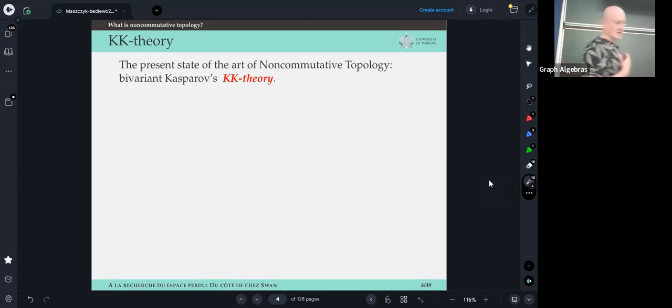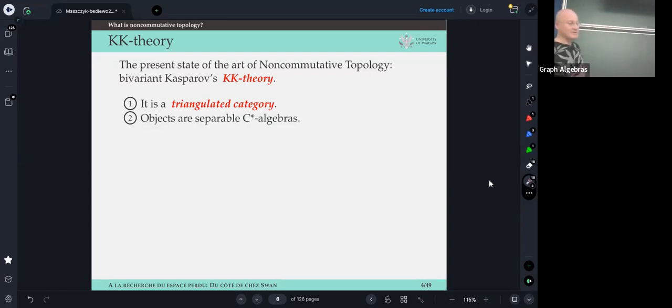The present state of the art of non-commutative topology consists of bivariant Kasparov's KK theory. The formal structure of the theory is that it is a triangulated category, which means that we are speaking about nonlinear objects, to some extent linearizing them, or making this category additive, at least.